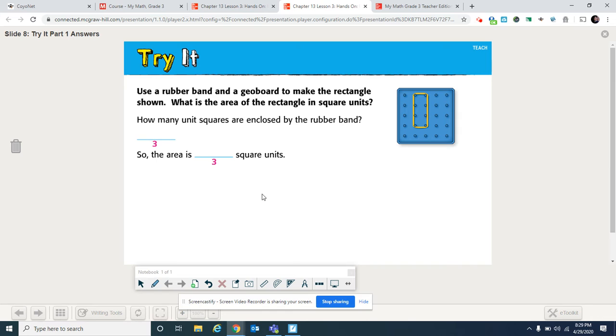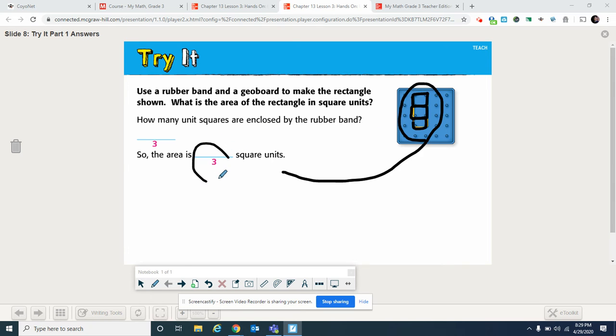That means the area is 3 square units. How do we actually do that? We just need to enclose it into 3 squares. That means the area of the rectangle in square units is 3. All right, so let's move on.